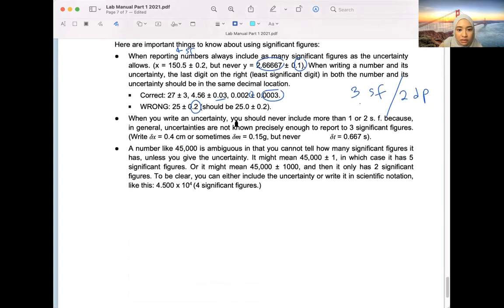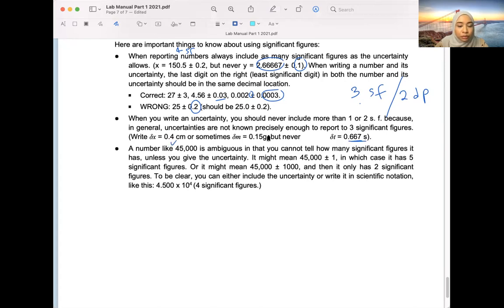When you write an uncertainty, you should never include more than 1 or 2 significant figures because in general, uncertainties are not known precisely enough to report 2, 3 significant figures. So write delta x equals 0.4 centimeter or sometimes delta m equals 0.15, but never go for 3 significant figures.